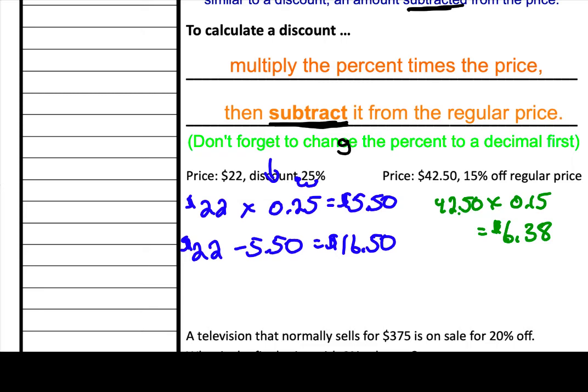That 5 after the 7 on your calculator says round up, so it rounds up to 6.38. And then we subtract 42.50 minus 6.38 gives me $36.12. That's my total price after my 15% off the regular price.